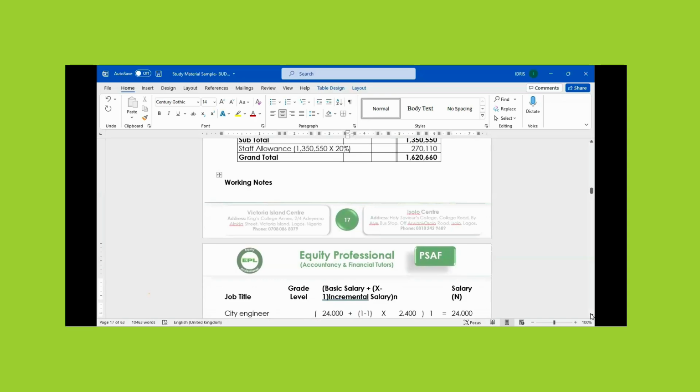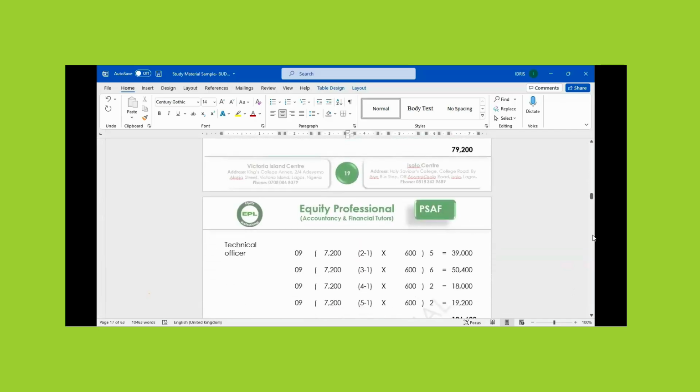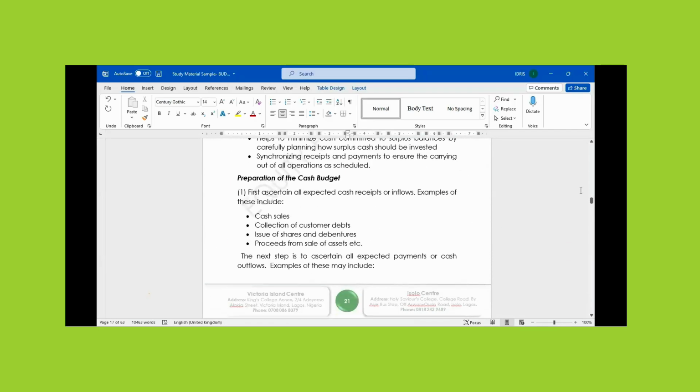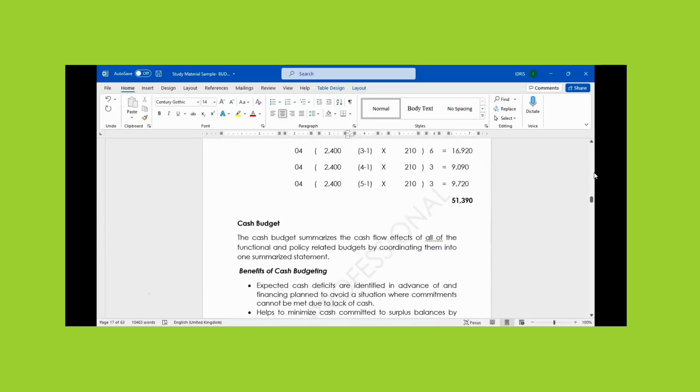So that is it on personnel cost budget. We can now move to cash budget. Cash budget is the summary of cash flow effects of all the functional and policy related budgets by coordinating them into one summarized statement. What do we mean by cash budget?